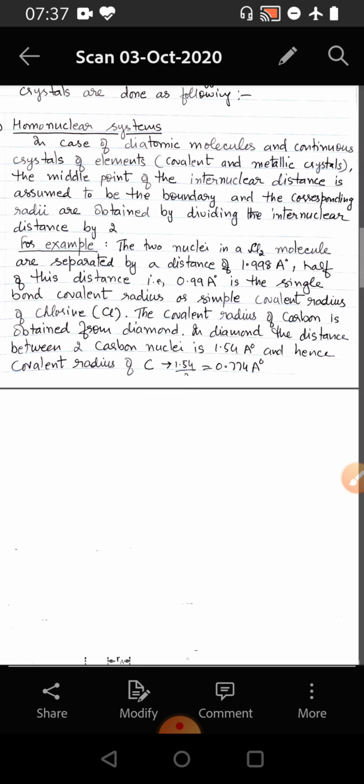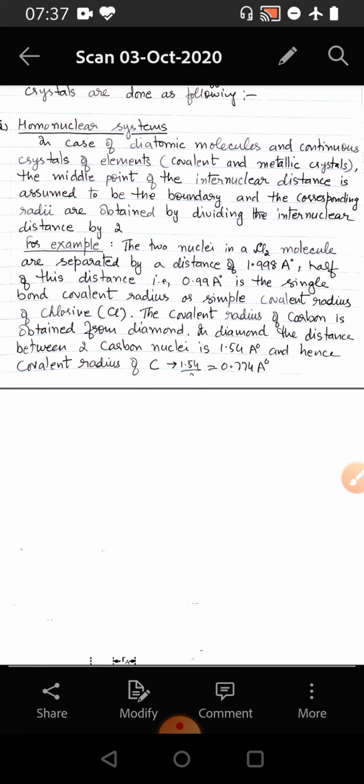Homonuclear system. In case of diatomic molecules and continuous crystals of elements, that is covalent and metallic crystals, the middle point of the internuclear distance is assumed to be the boundary, and the corresponding radii are obtained by dividing the internuclear distance by 2. For example, the two nuclei in a chlorine molecule are separated by a distance of 1.998 angstrom.